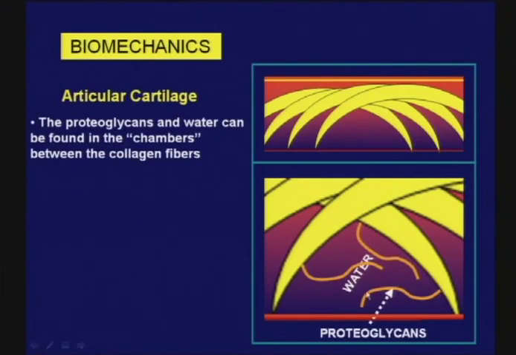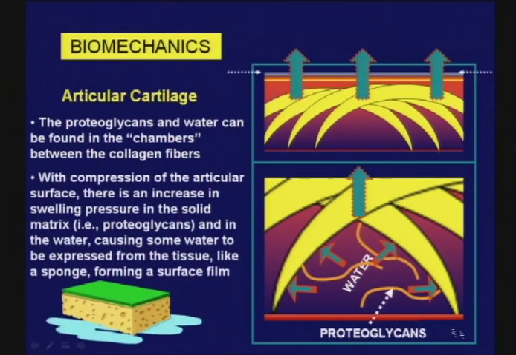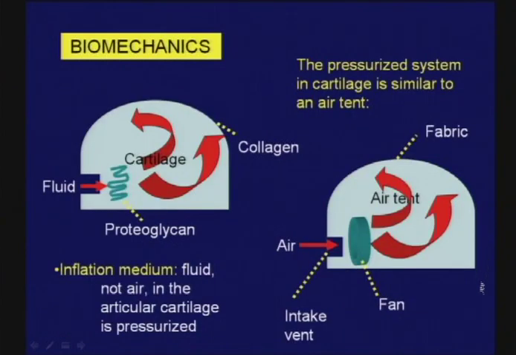The proteoglycans and the water can be found within the chambers between these compressed collagen fibers, shown here. With compression, there is an increase in the swelling pressure in the solid matrix and in the water. So water is expressed from the surface of the tissue, much as you might see in a sponge. This is a characteristic finding of normal articular cartilage.